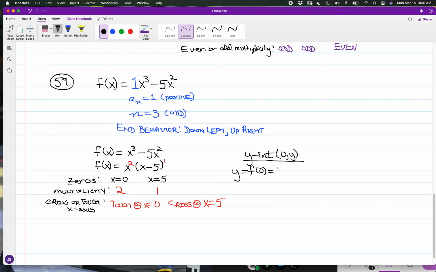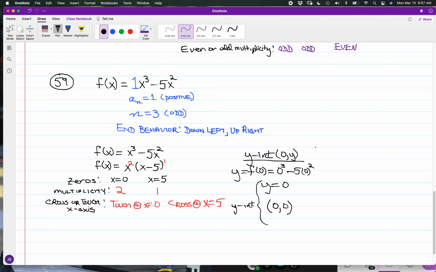We have x cubed is going to be 0 cubed, minus 5 times 0 squared. 0 cubed is 0. 0 squared is 0. So we have that y is equal to 0. So for the y-intercept, we have y is equal to 0. And placing in coordinate fashion, that will be located at the origin.